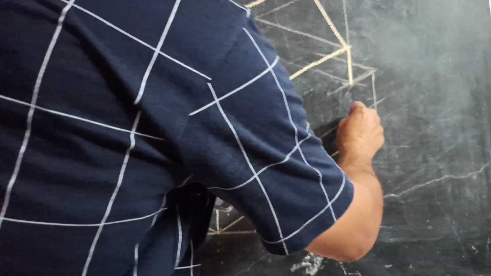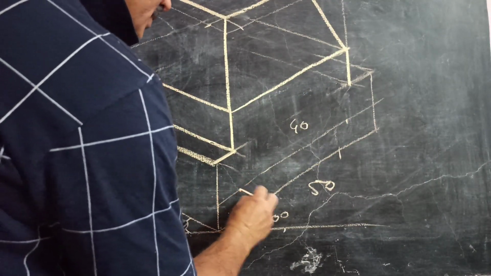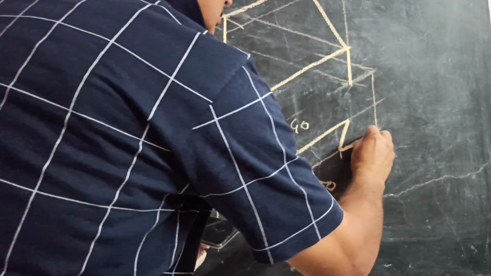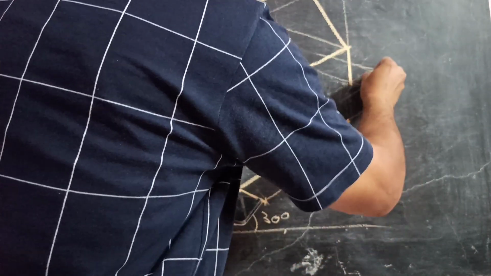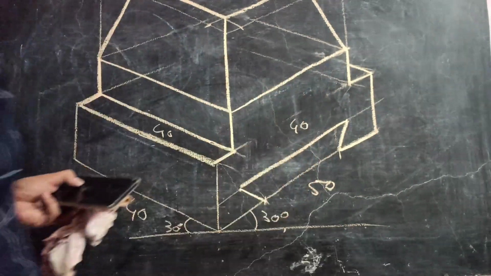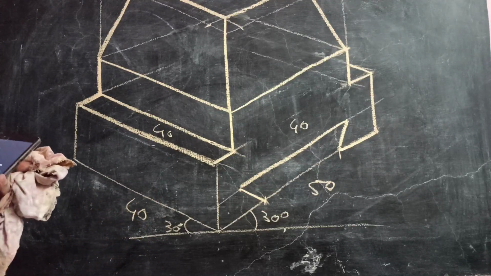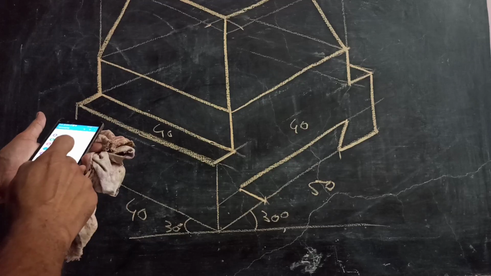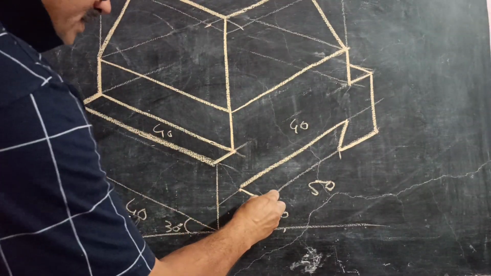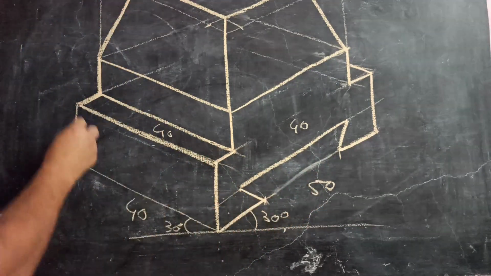Then 10 from this side, 10 from this side, you can make it dark.